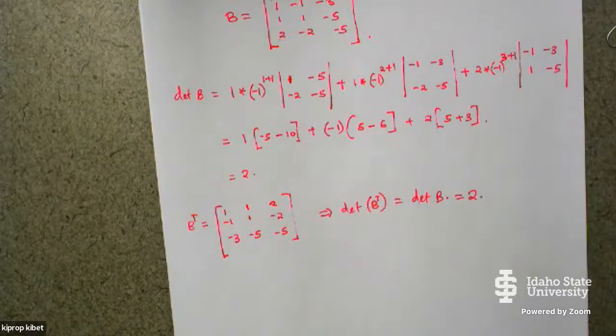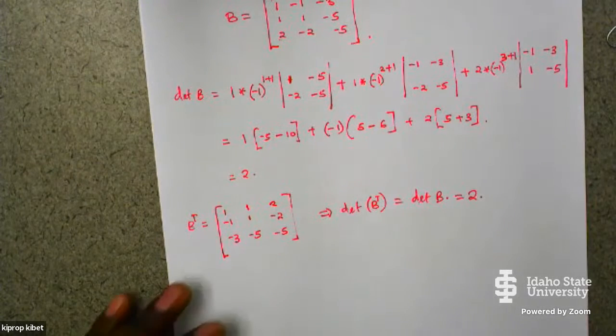What you want to know is, at the end of the day, the determinant of B is the same as the determinant of B transpose. So you can use any column or any row, and you still get the same answer.